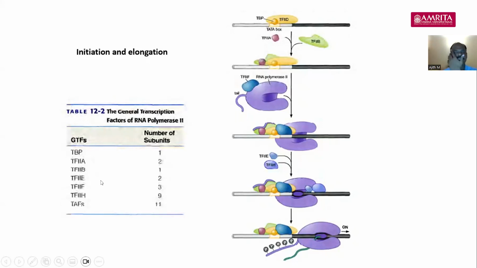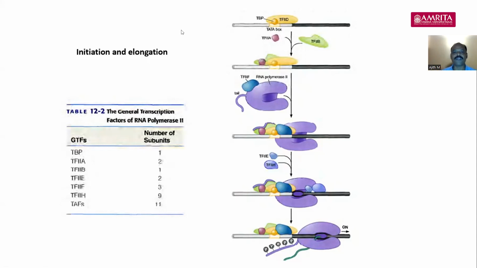The GTFs come in different names: TBP, TF2A, TF2B, TF2E, TF2H, and so on, TAFs, and so on. I'm not dwelling deep into it. These proteins are also required for initiation to begin. The initiation is a little complex here in the case of eukaryotes.